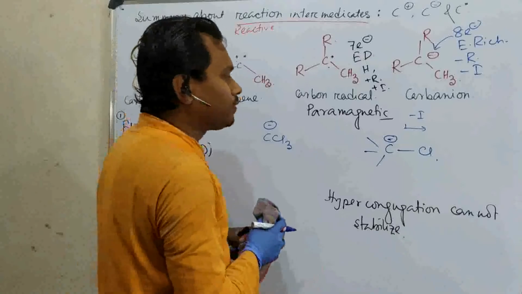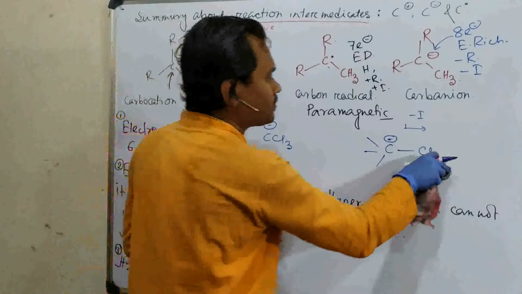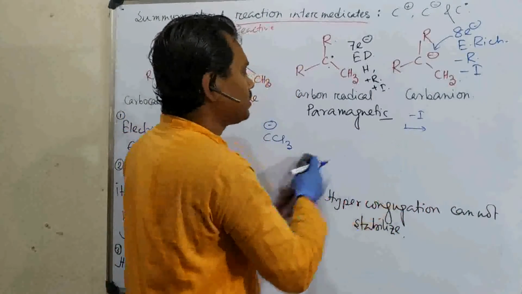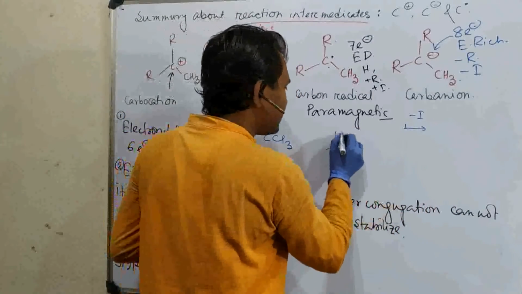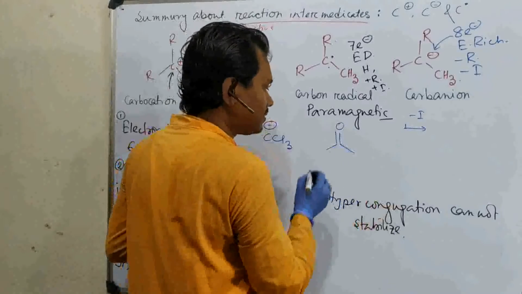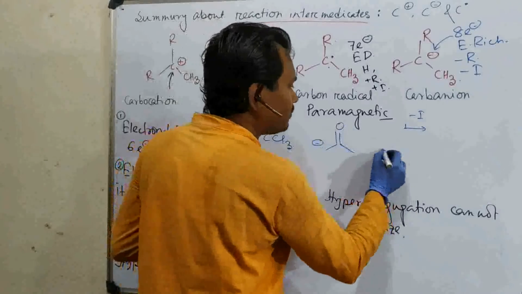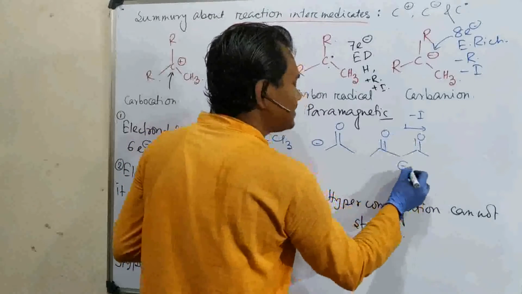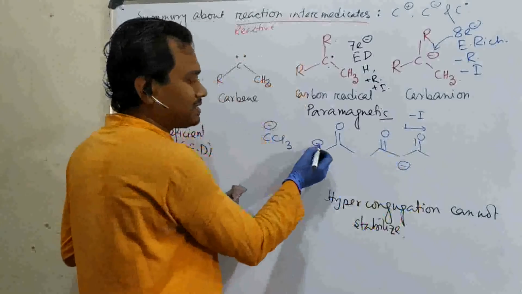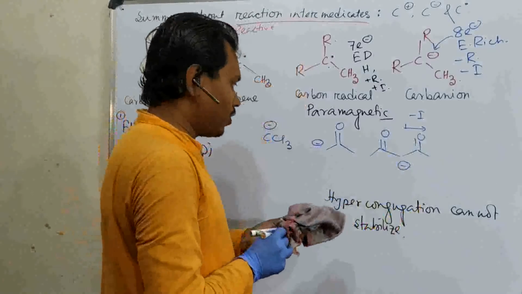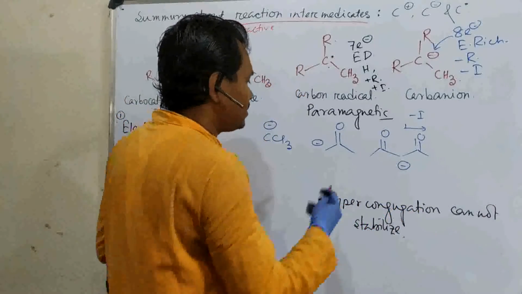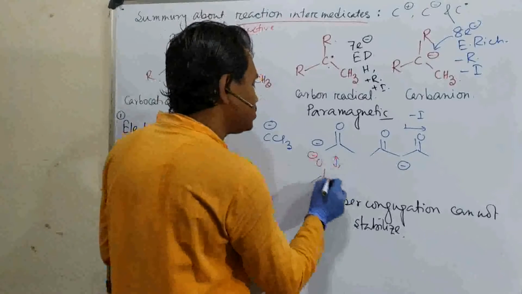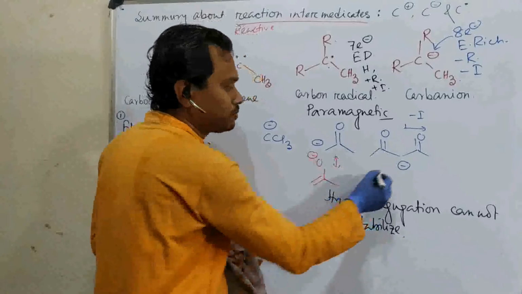Let's take one example of minus R. For example, if you take acetone, the carbanion of acetone versus the carbanion of acetyl acetone. See, previously only one canonical form was possible. What do I mean? In this way it could be stabilized, but here two options are possible.